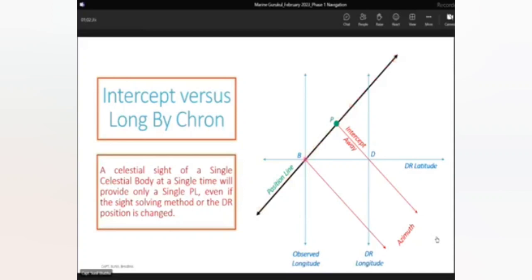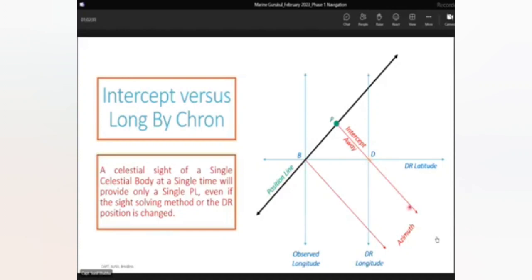Now, if the duty officer had used the intercept method in this particular case, what would have happened is, for the intercept method, the reference position is the DR position. So we will have to start from position D, delta. From this delta position, you first plot the intercept. In this case, the intercept is away.